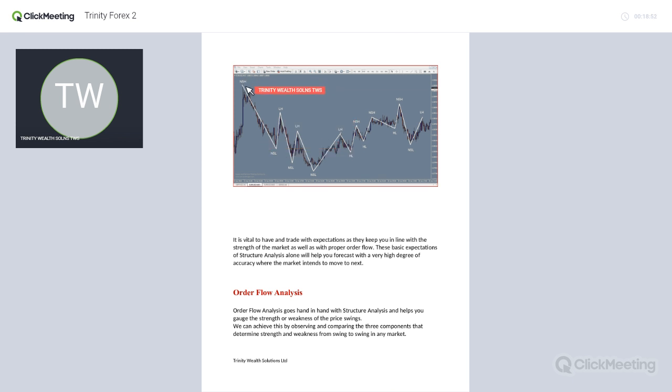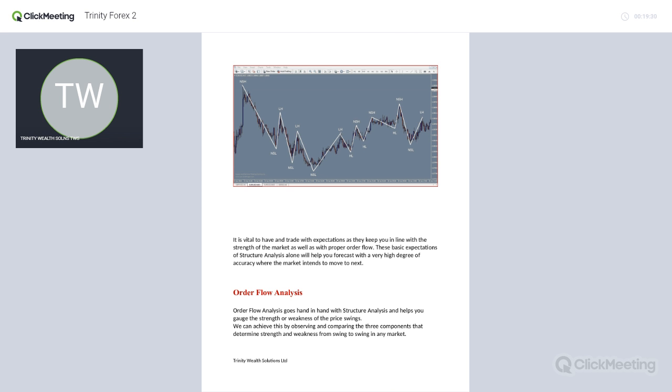You can see at the topmost we have what we call a structure high, right? So if you remember, in an uptrending market, we said the highs get higher and the lows get higher. So like HH, the highs get higher and the lows get higher. Now in terms of market structure analysis, when there is the first high, we can call it H1.